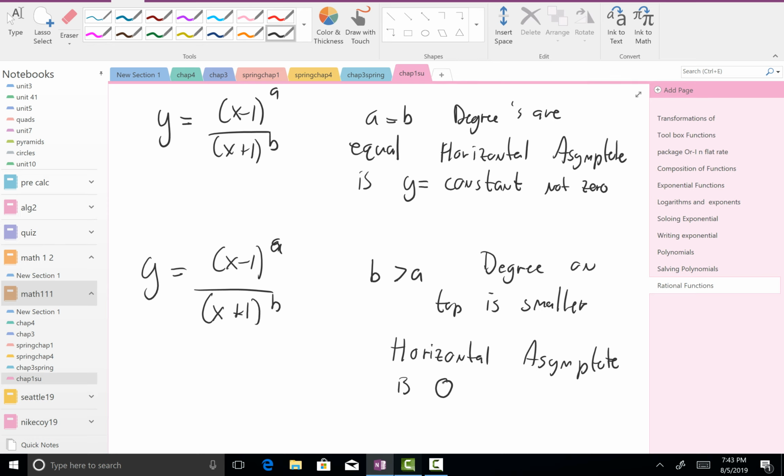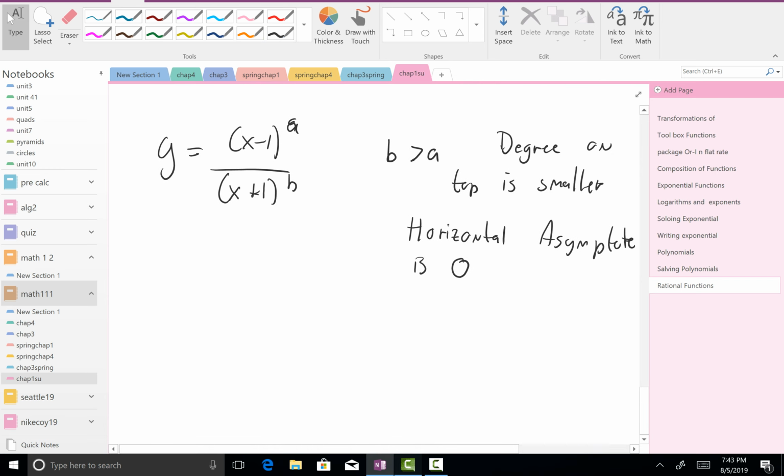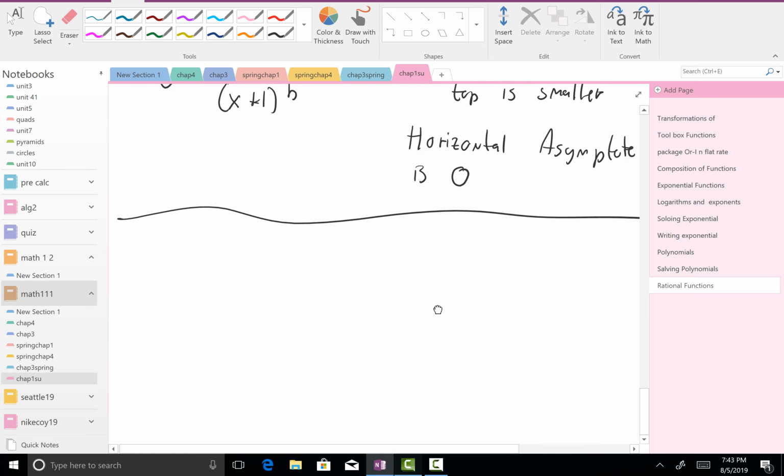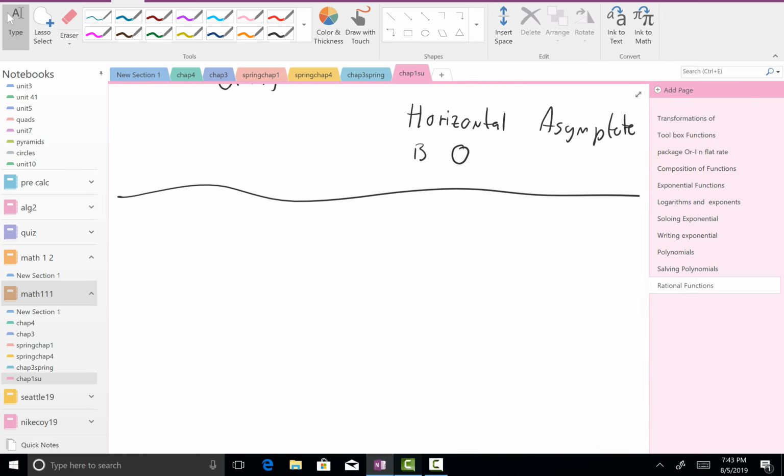So let's just do some problems here. You can see kind of what you're going to be asked using all this information. For example, in the first part on 3.4, they're going to ask you to find the domain.